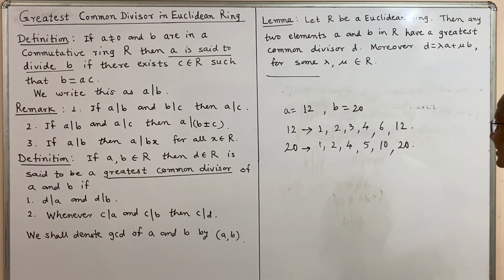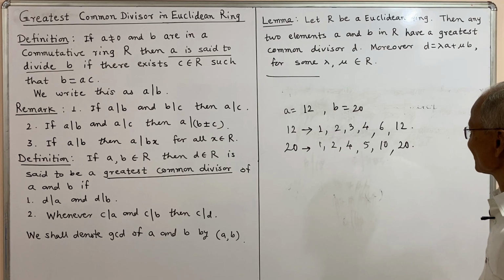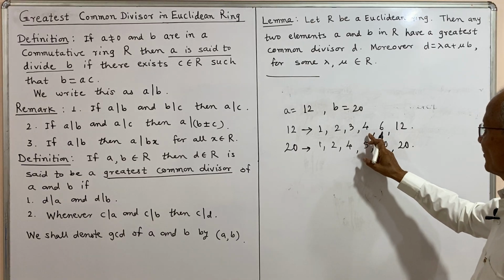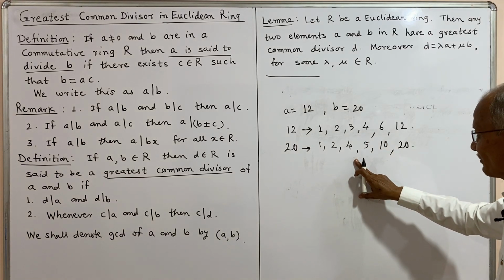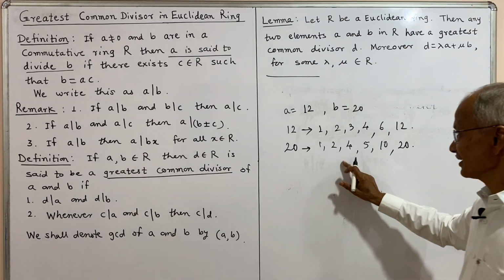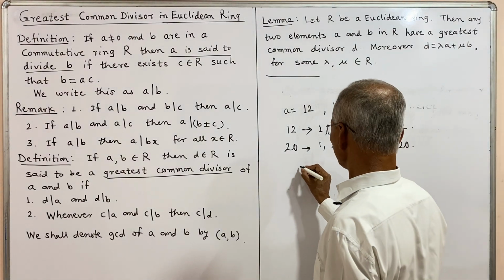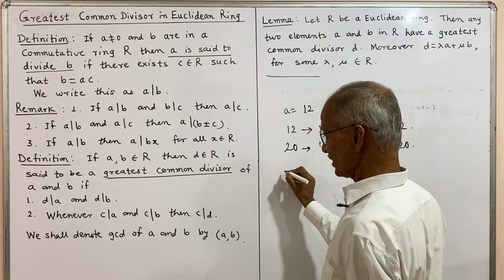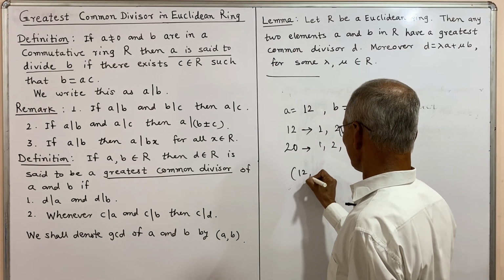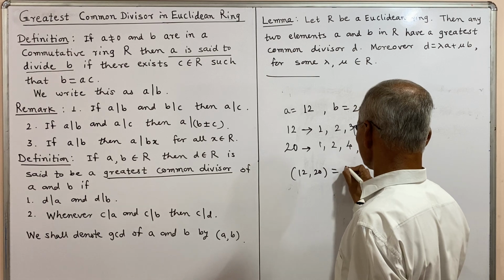And now we see the common divisors. Here we have 1 is a common divisor always, and then 4 is a common divisor. So the greatest is 4, and thus the GCD of 12 and 20, we write by this symbol. GCD of 12 and 20 is 4.